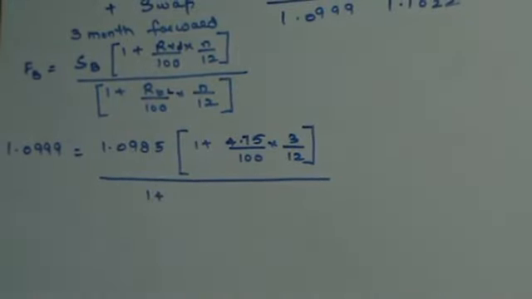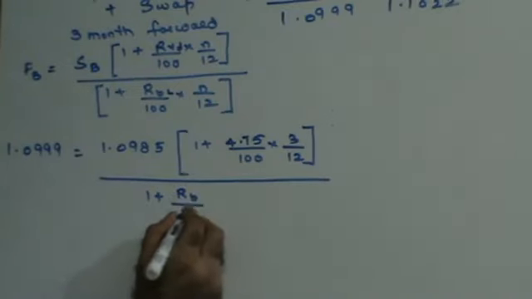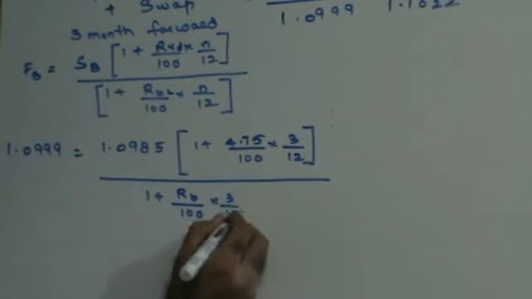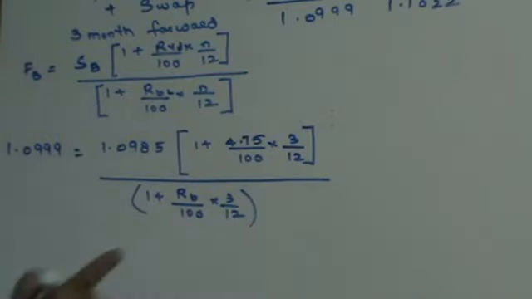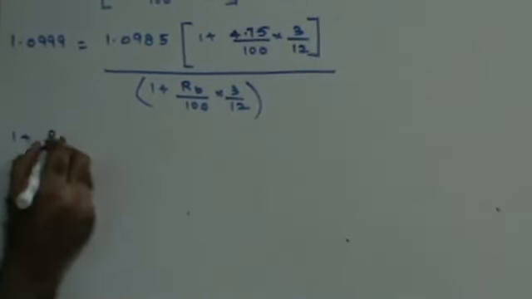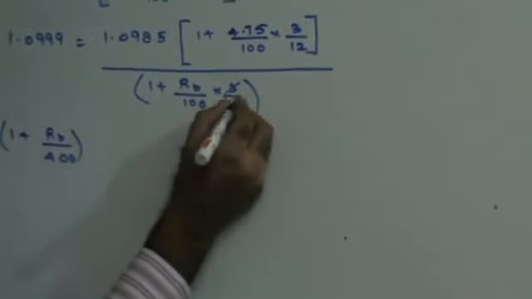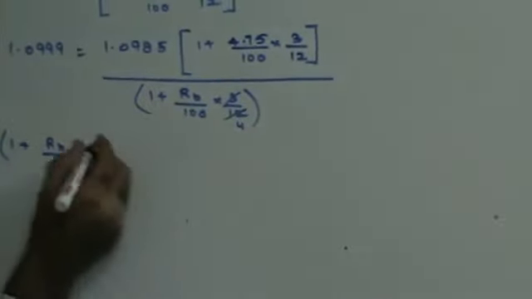Lending rate is not given to me, so I'll leave that as it is, upon 100 into 3 by 12. Cross multiply, so this will come here 1 plus RB upon 400. How did I get this? 3 ones are 3, 4s are 12, so 400. I brought this up here.